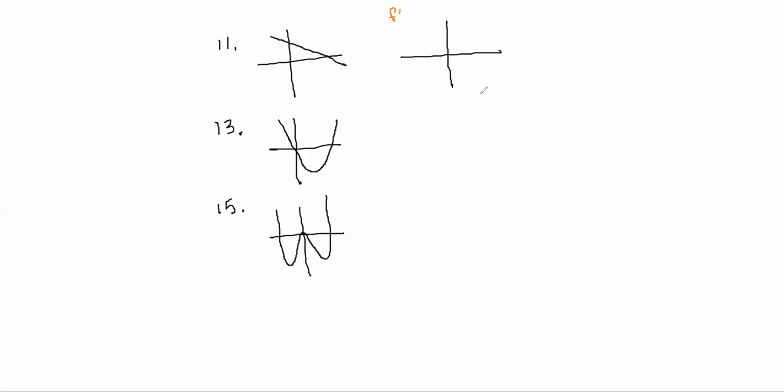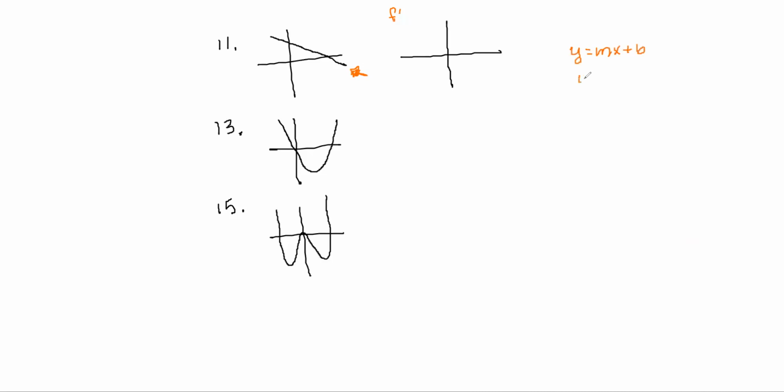What is this gonna look like? Is it gonna be a line? Is it gonna be a parabola? Well, I know because I'm looking at this. This is a first order. So the equation looks something like this. Y is equal to mx plus b.